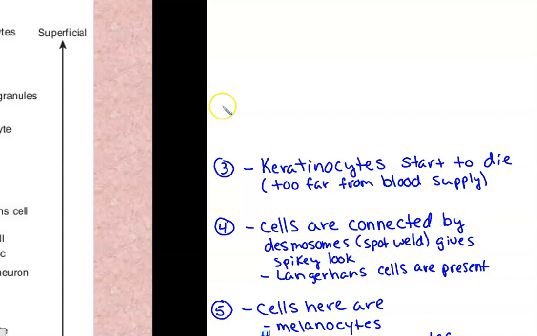All right, then we go on to the stratum lucidum. I said a while ago that not all your skin has lucidum, and the reason it's called lucidum is because lucid means clear. So this is a clear layer of dead skin, basically, because they have died.